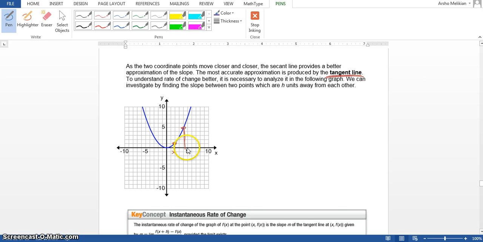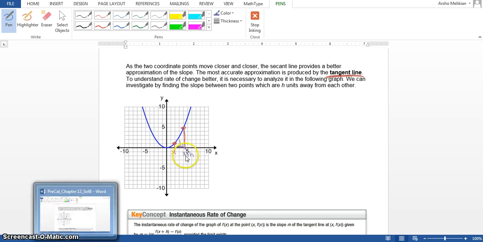I go a few units away and I call this distance h. Okay? Now, if this is a value of x, what would that value be? So if this was x and I went over h spaces, where am I now? X plus h.